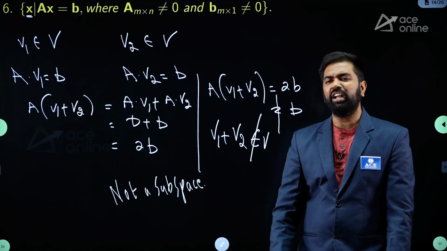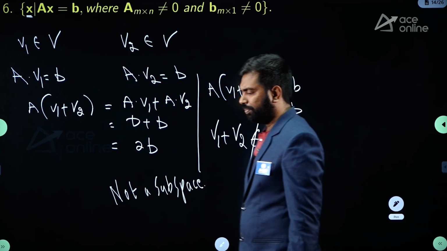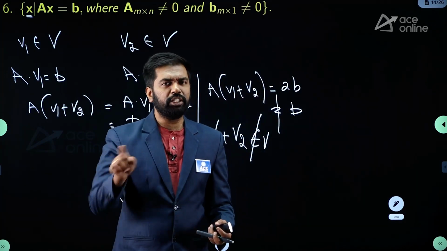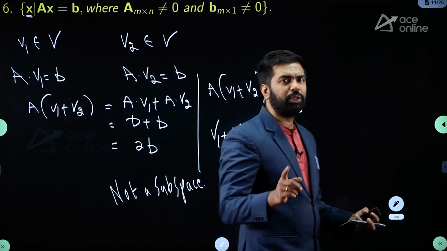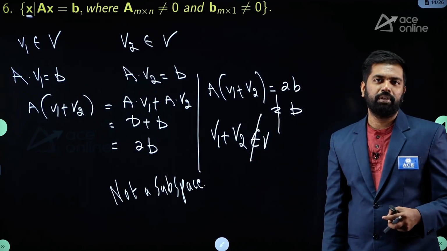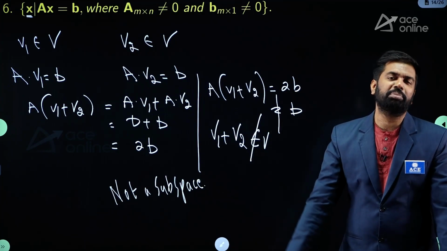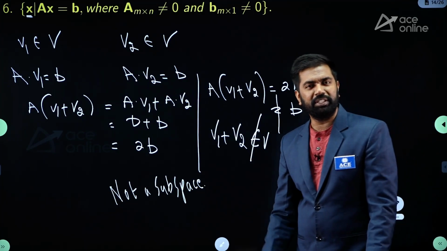I repeat this again and again. This question also appeared in the GATE 2024 paper. The set of all solutions which satisfy the non-homogeneous system Ax equal to B will not form a subspace. So in the exam you can remember it like this: the moment you see non-homogeneous, not a subspace.